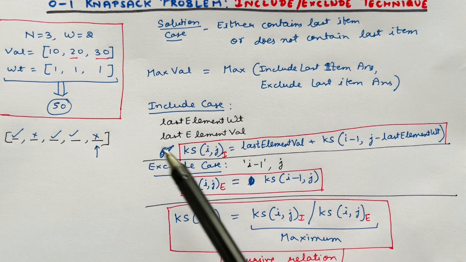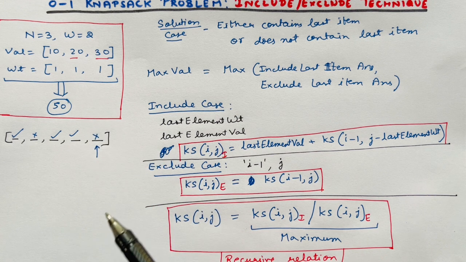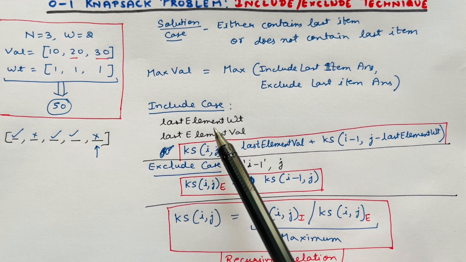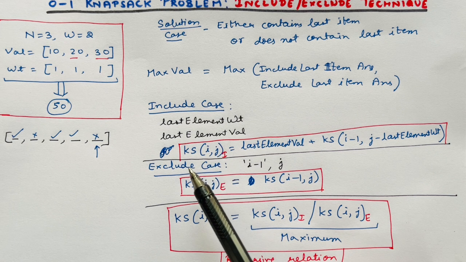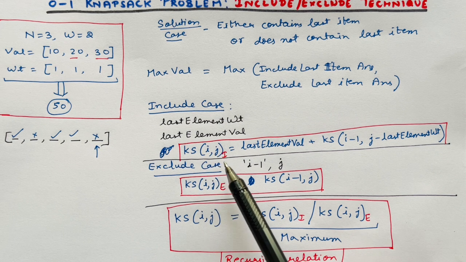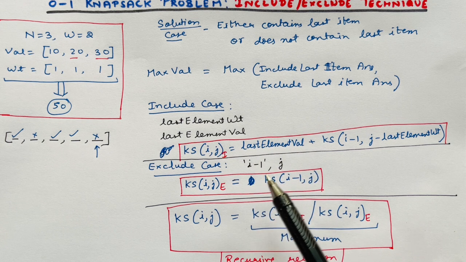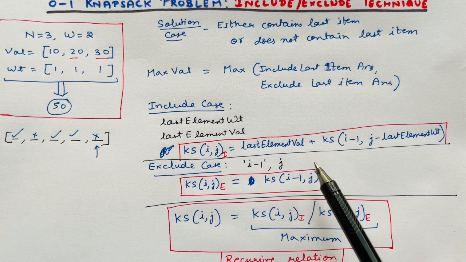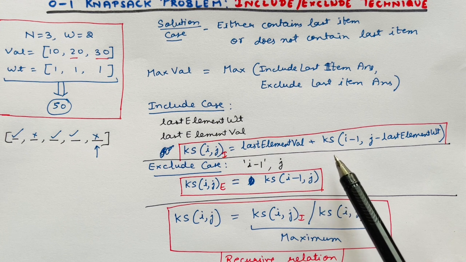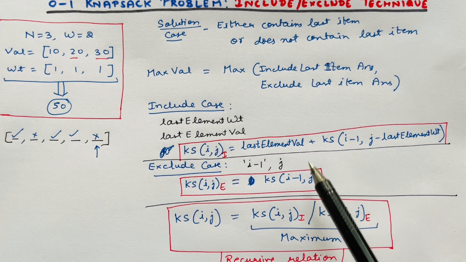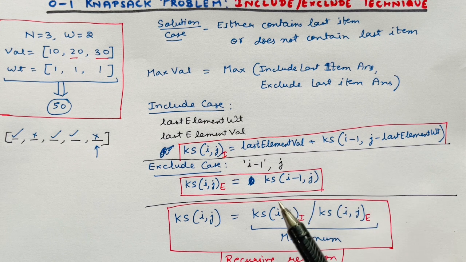We thought, let us include the last element and figure out what the maximum value possible will be. Since we have included the last element, its value will definitely be included. In that, what we need to add is the maximum value that we can obtain using the remaining elements for the remaining capacity.